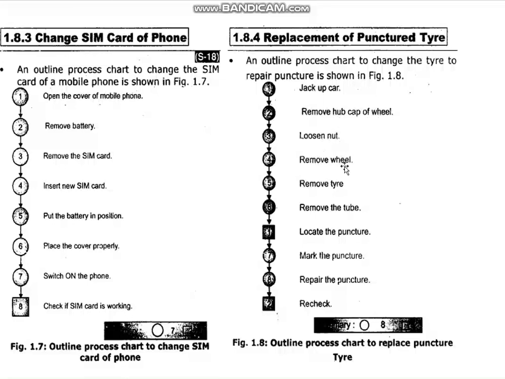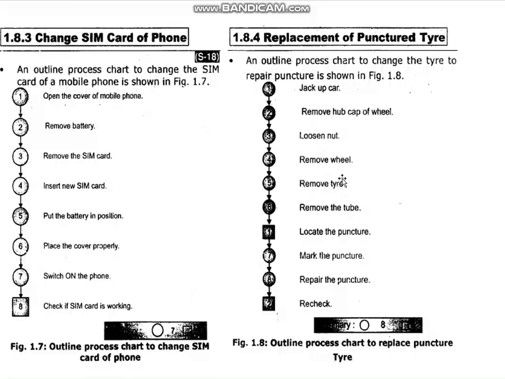Once all 4 nuts are removed, you will remove the wheel. Then after removing it, you will remove the tire. Nowadays, because tubeless tires have come, we are not even removing the wheels. Where it is standing, there itself you are able to repair, because it is a tubeless tire.